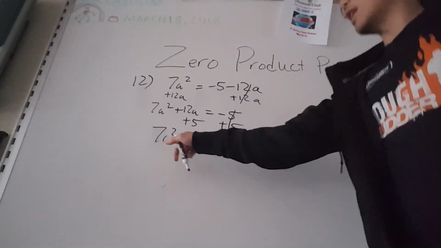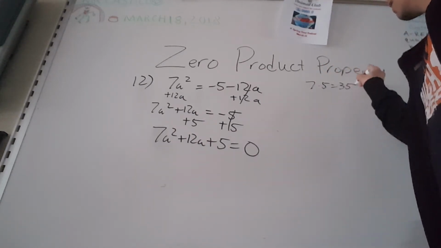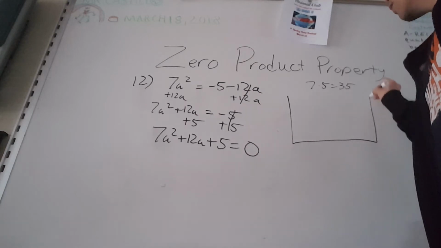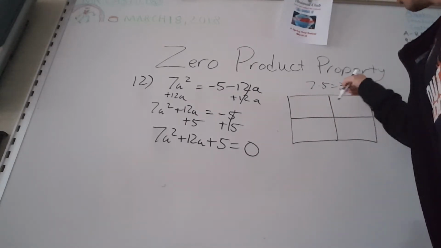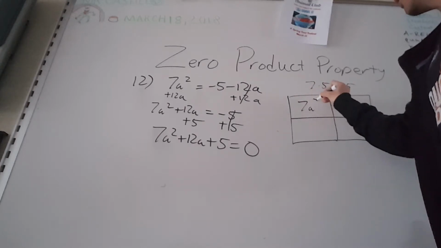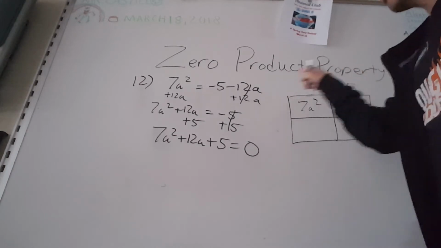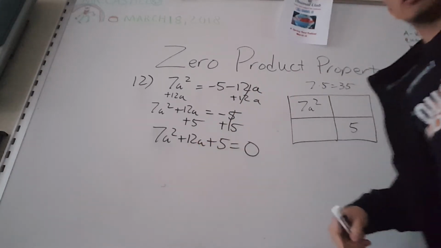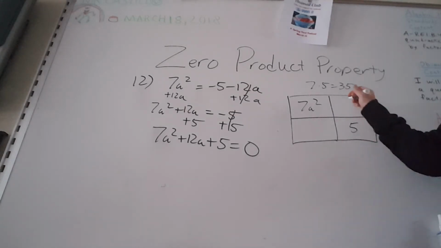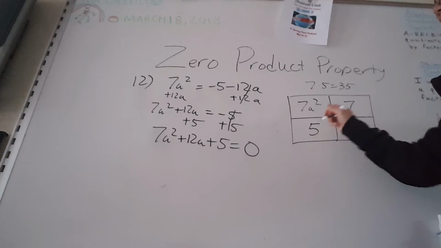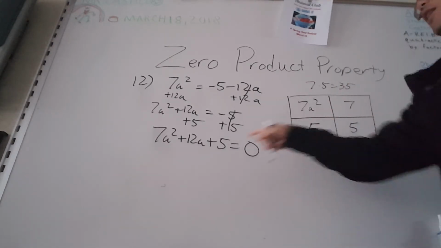So over here, 7 times 5 is 35. So remember we have to put the first term here, last term here. What multiplies to 35 but adds to 12? Well, that's really easy. That's 7 times 5. 7 times 5 is 35. 7 plus 5 is 12.